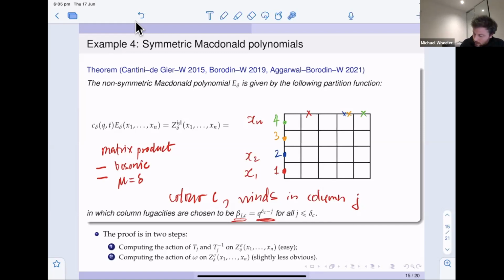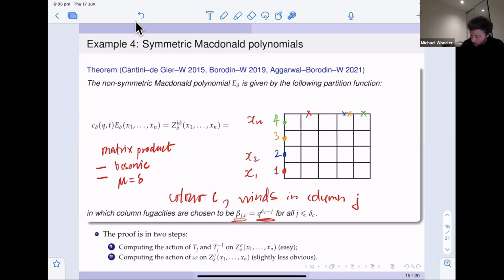Then in 2019 with Alexei Borodin, we generalized this result, this matrix product formula, and we managed to find a matrix product representation for non-symmetric Macdonald polynomials for arbitrary compositions, not just for anti-dominant ones. And then in the even more recent work here, we converted all of this formalism into the fermionic language.